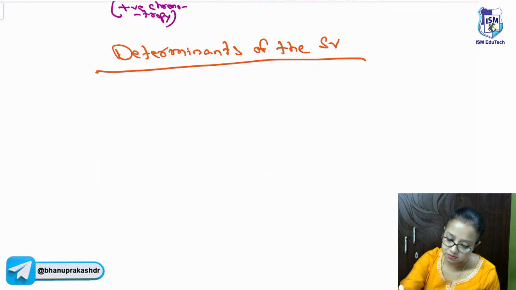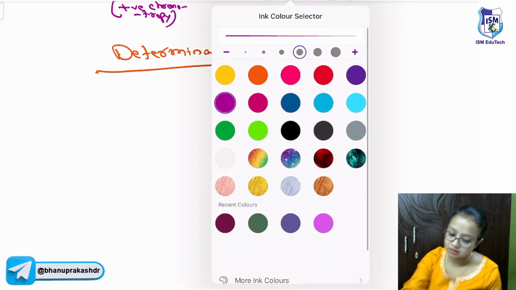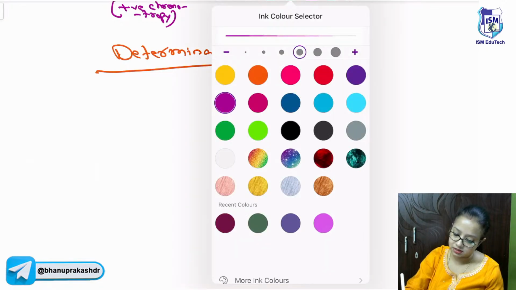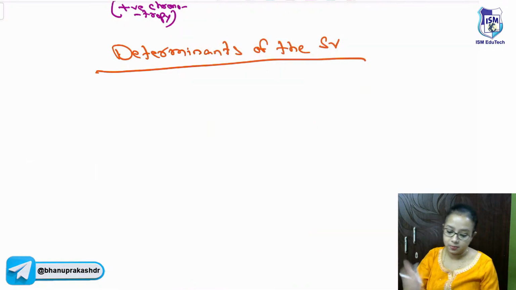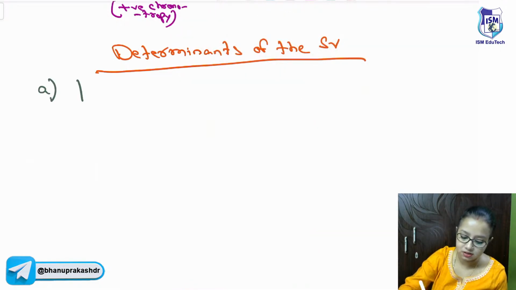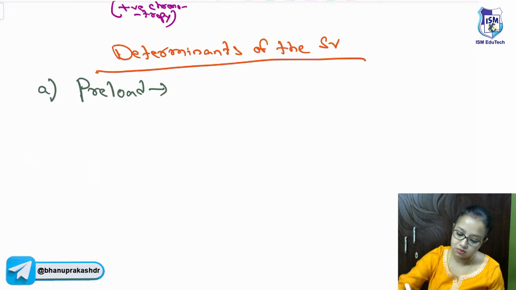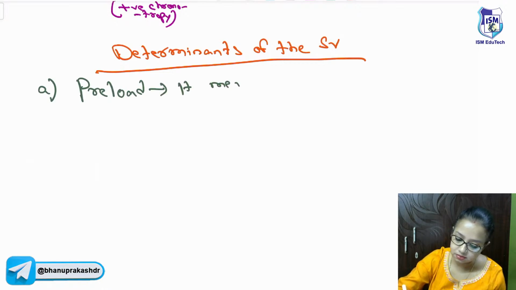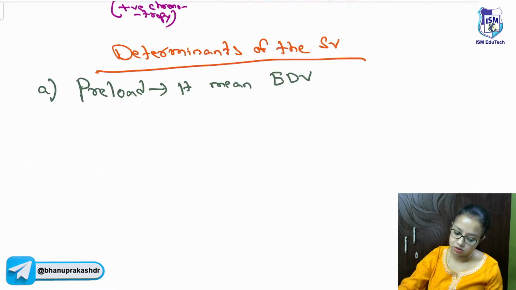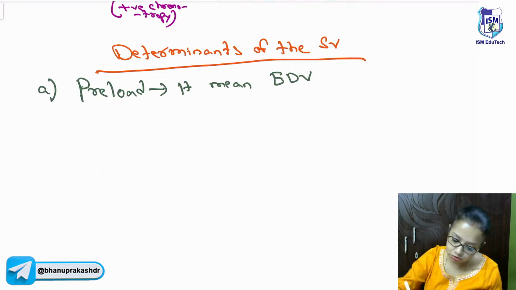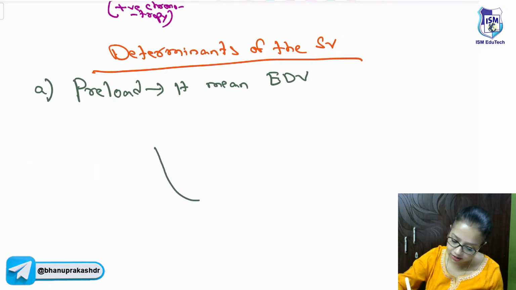So this is a very interesting event that is happening in the body. The first one is preload. It means the end diastolic volume, usually in the ventricles.